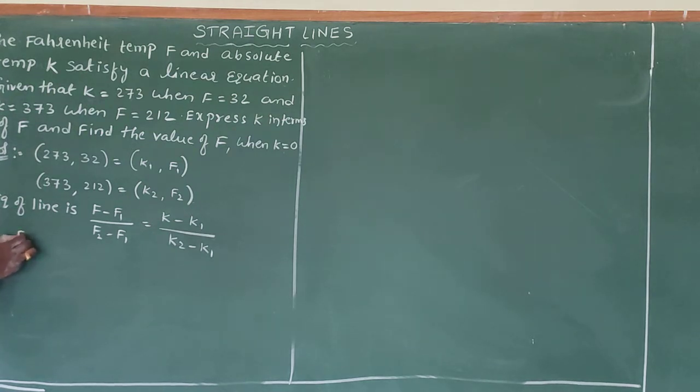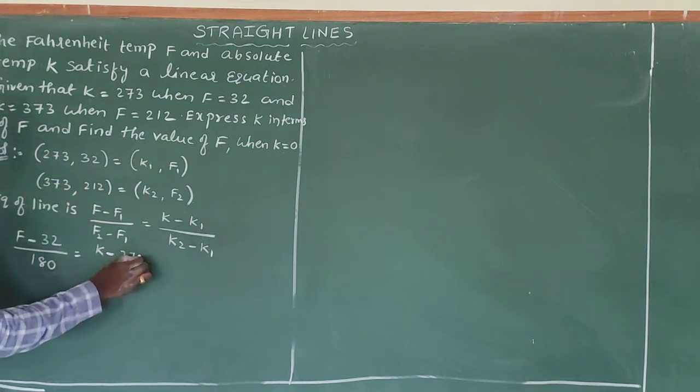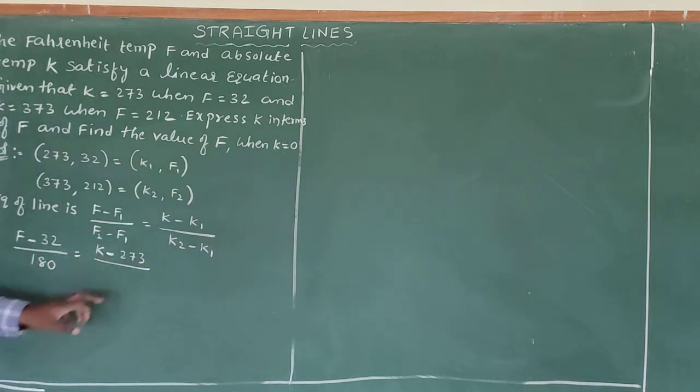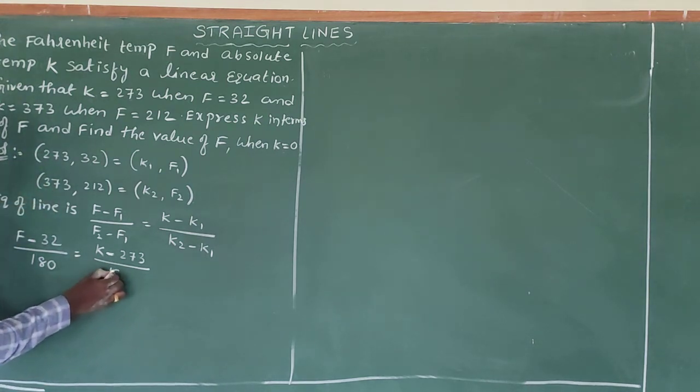F minus F1 is nothing but F minus 32, by F2 minus F1, 212 minus 32, that is 180. Next, K minus K1 is K minus 273, by K2 minus K1, 373 minus 273, that is 100.